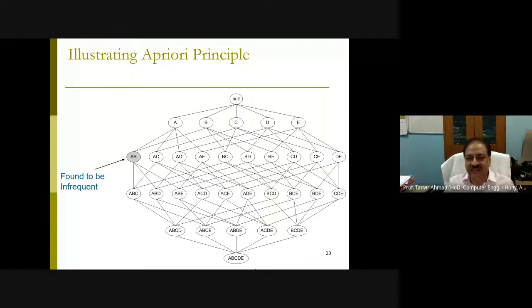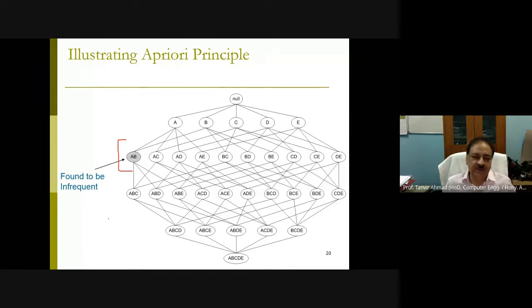So this was the lattice which I showed you. Now what I am going to do is calculate the support of the first level. That means I am going to find the support of these item sets: AB, AC, AD, AE, and all the item sets. And then I find that AB is infrequent. It is not frequent.